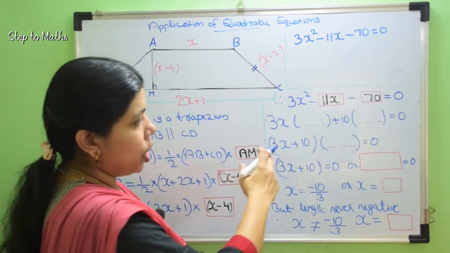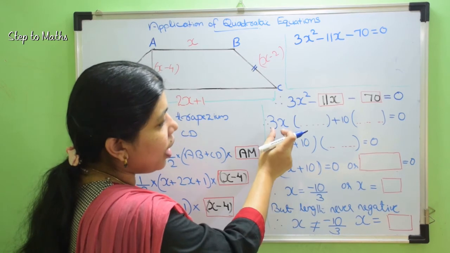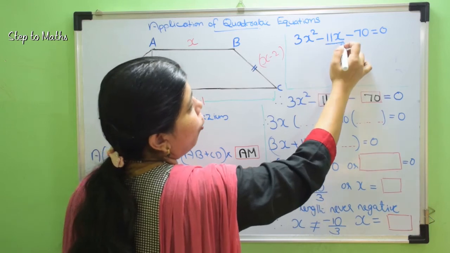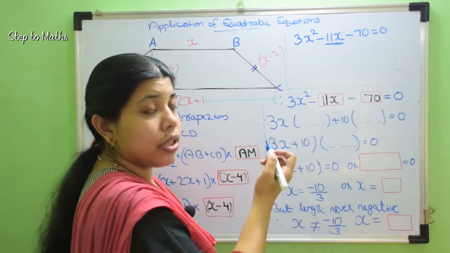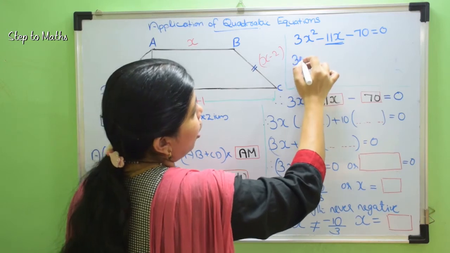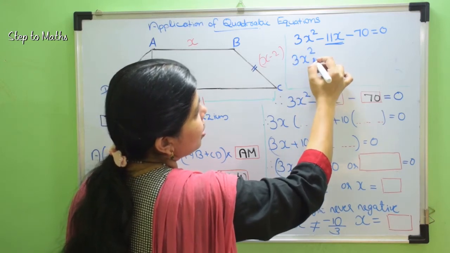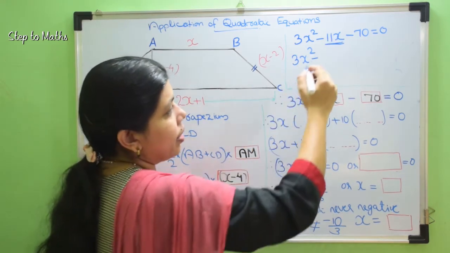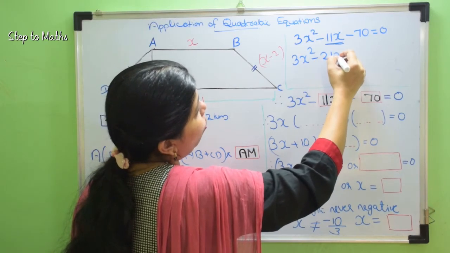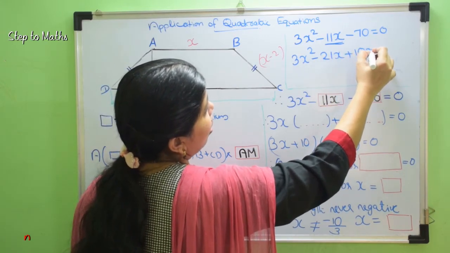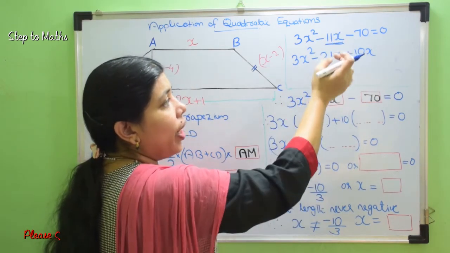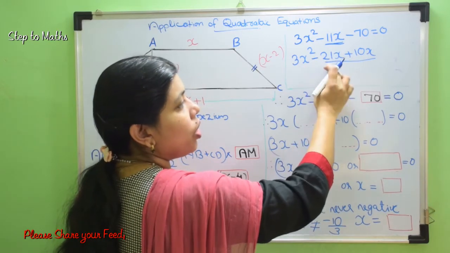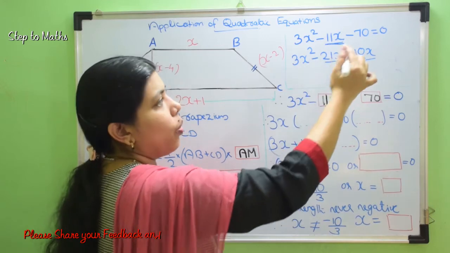This is the quadratic equation, and here 3x taken as common. To find the factors of this quadratic equation, we have to rewrite this equation as 3x square minus, rewrite the term 11x as 21x plus 10x. 21x plus 10x, that is minus 11x.